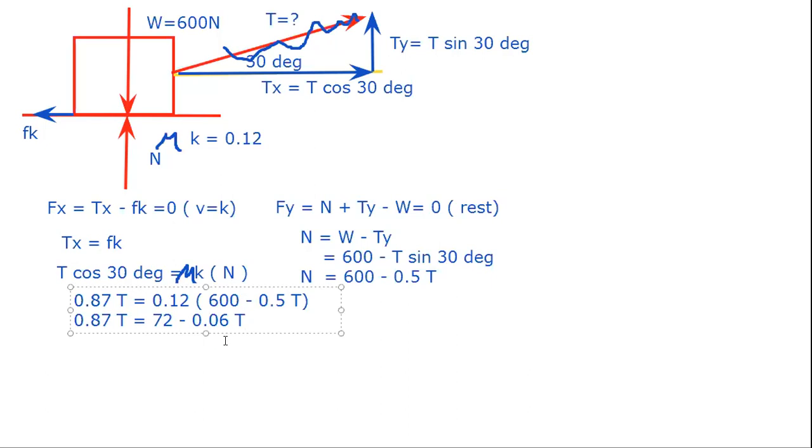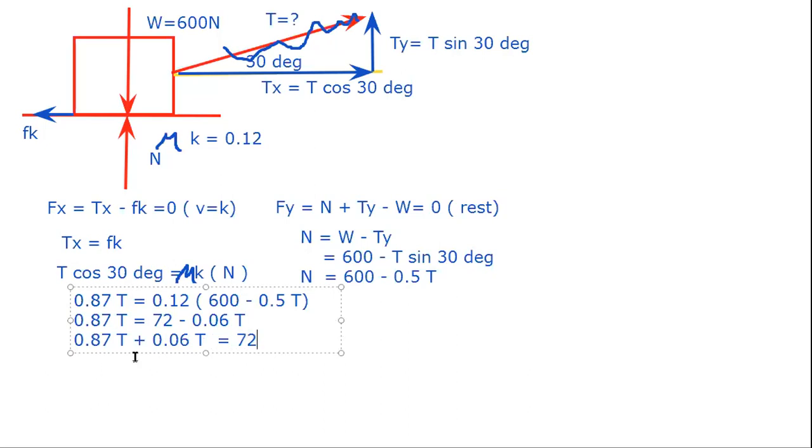0.06 t. So if we have variables t, we can combine them on the left side. We transfer 0.06t to the left, and we now have 0.87t plus 0.06t, and this is equal to 72.